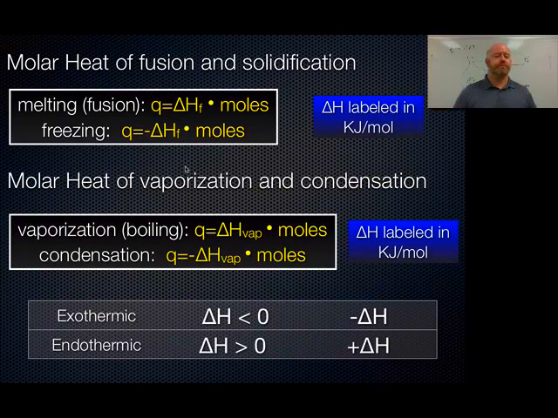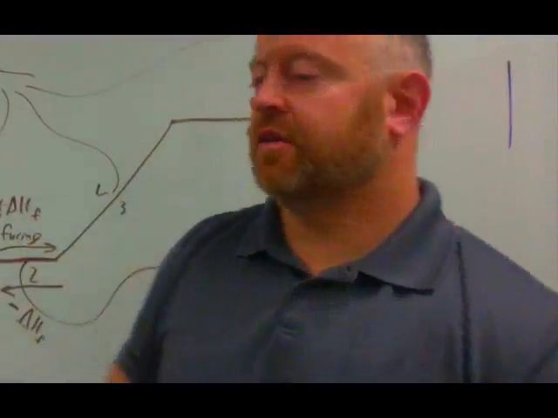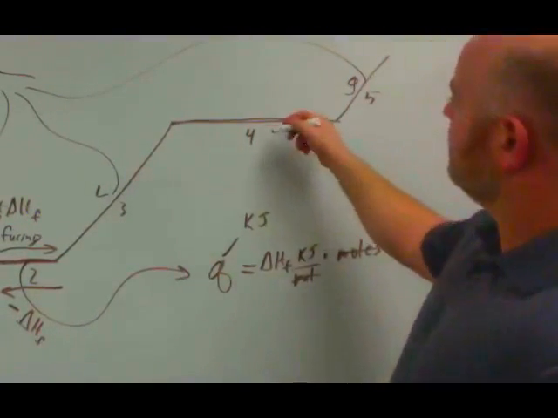The exact same thing applies to heats of vaporization and heats of condensation. Exact same equations, we just need to look up a different enthalpy value on a table. These enthalpy values will be given to you in some sort of table. We actually have a thermodynamic reference chart that's in your notes so you guys can use to do that. So when you vaporize, going back to the board, same idea.